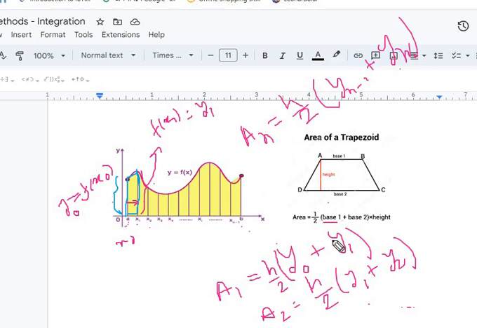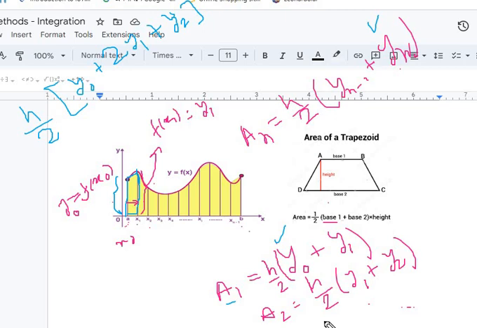They appear only once, y0 in A1 and yn in An. But for other cases, when you are adding A1 and A2, you will get h by 2 common. Inside the bracket, this will be y0 plus, just see, y1 appearing 2 times, y1 plus y1, so this gives you twice of y1. And the last one is y2.